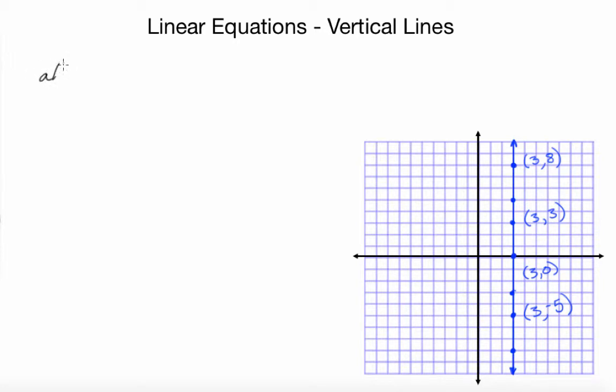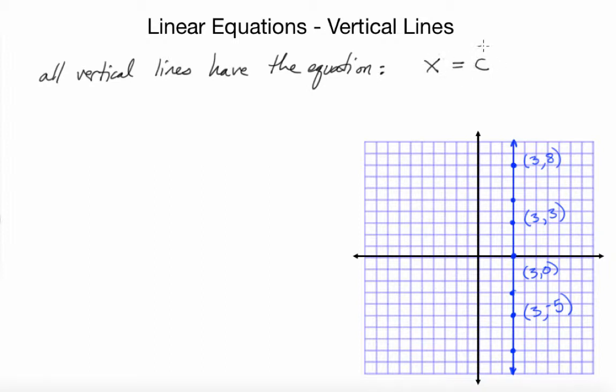So all vertical lines have the equation x equals a constant number, x equals c.